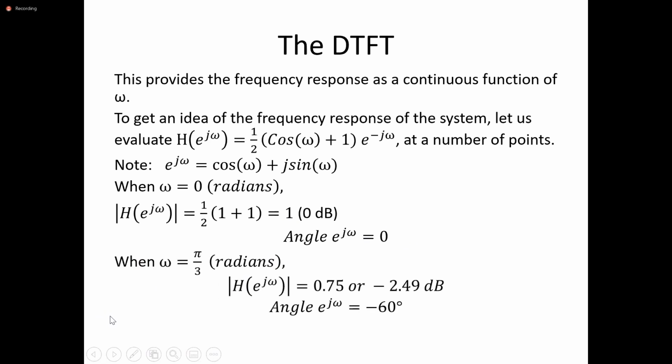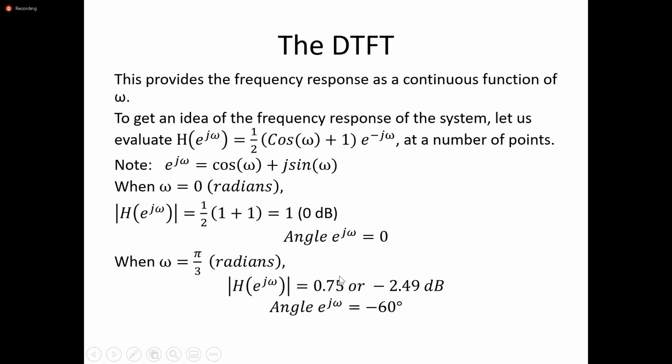Right, so we can move a little way around. When omega is equal to pi over 3 radians, then if we plug pi over 3 into our equation and work it all out, I think we get 0.5, and 1.5 over 2 is 0.75.